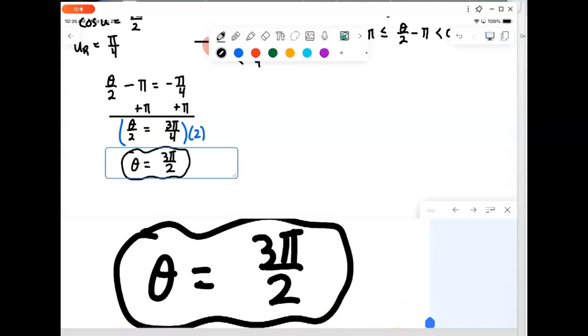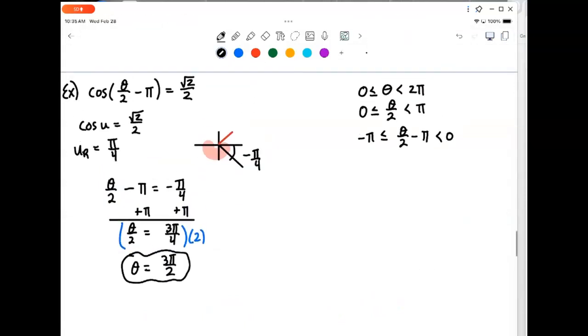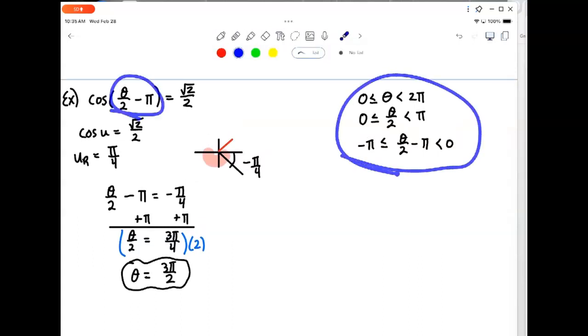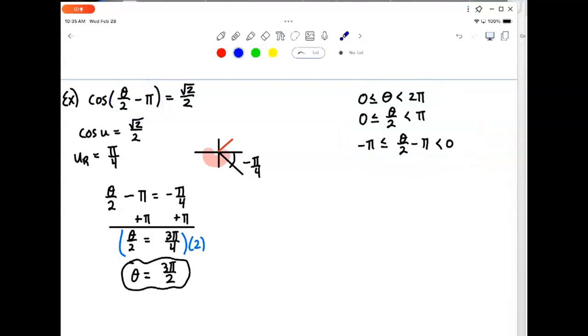So again, the key idea here, as it was earlier, is to take our angle and adjust so that we have that new angle and we have its new constraints. I often choose to replace it with a dummy variable u. That way I can easily talk about reference angles and stuff like that.